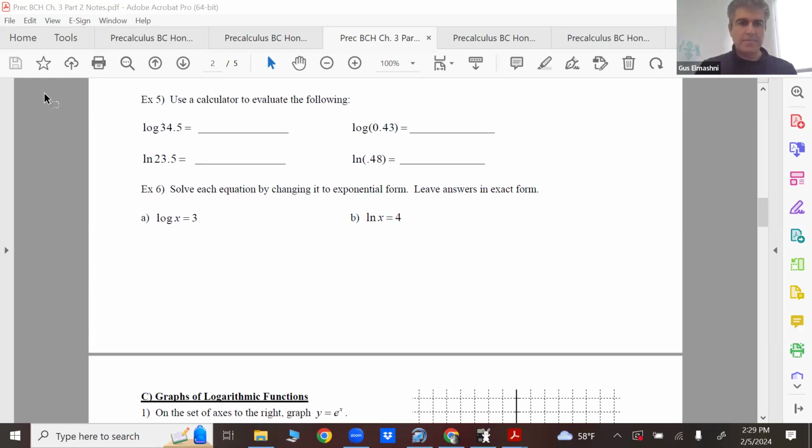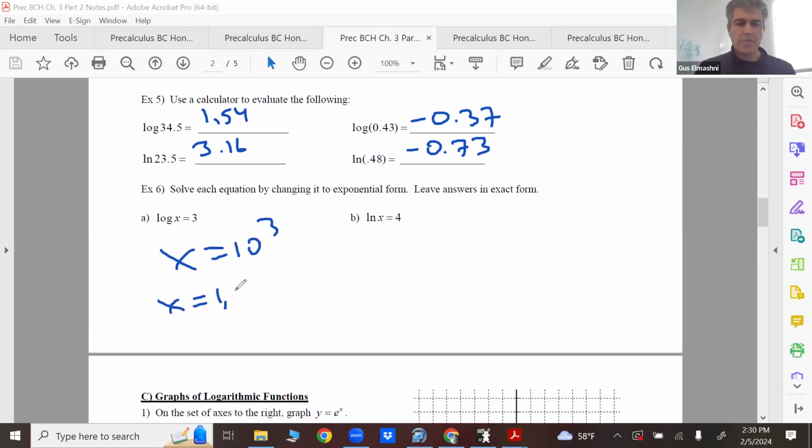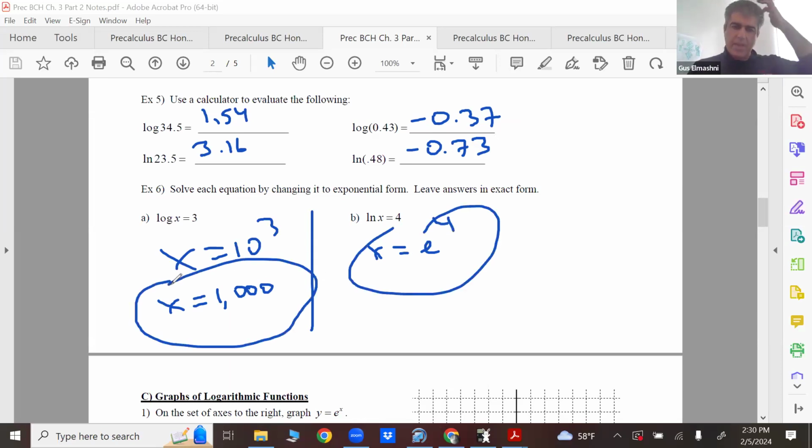So 1.54, -3.16, -0.37, and -0.73. Here x equals 10 cubed, or x equals e to the 4th power. Just leave it like that.